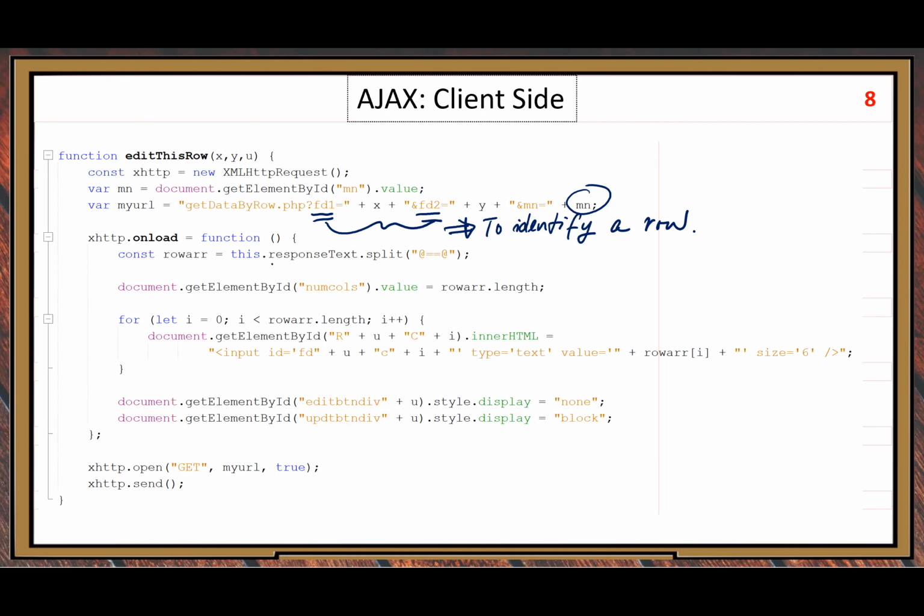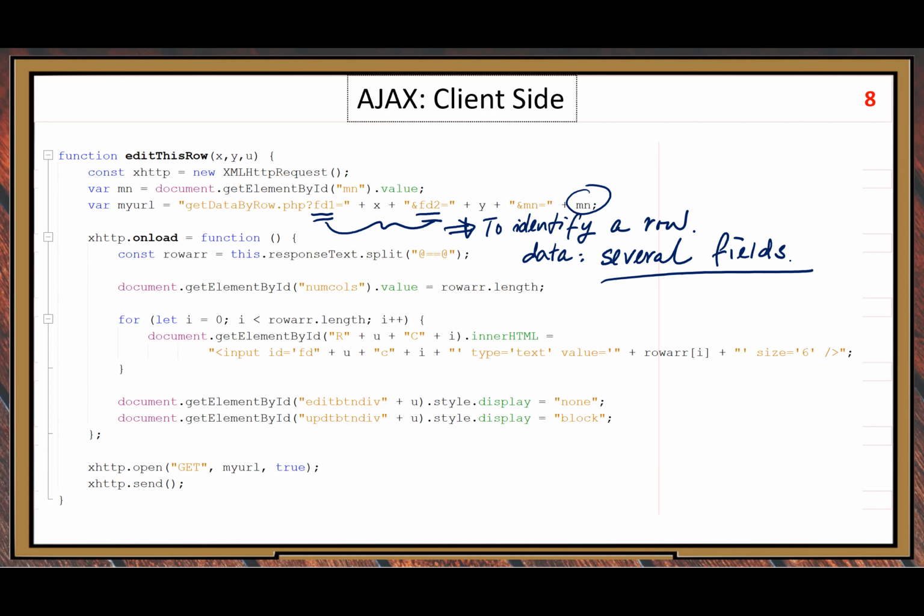Look at the callback function. Remember the data we received contains several fields. We need to display data for several fields. The question is, how do you separate several different fields?